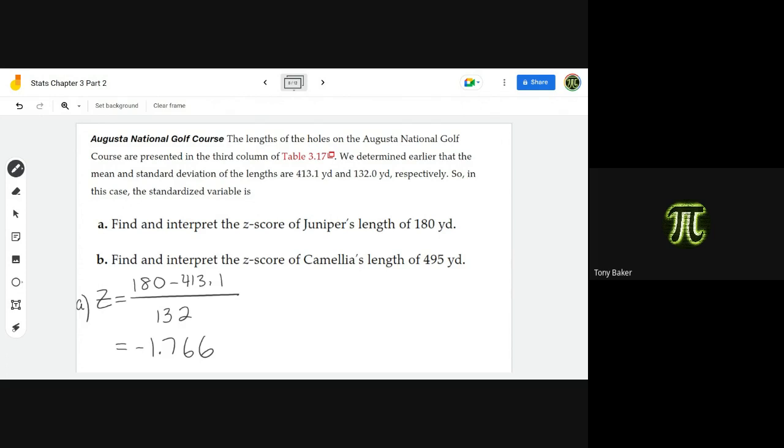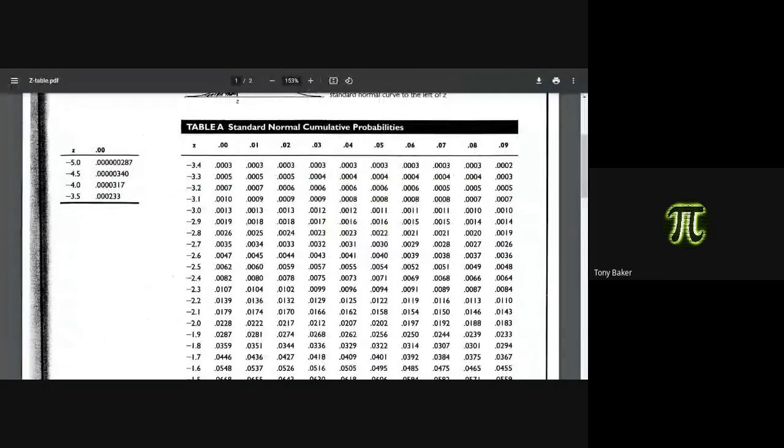If you have your book, go to the back of the book. There's a Z table there. If you don't have your book, I'm going to put one on the board, but you can easily do a Google search for it. All right.